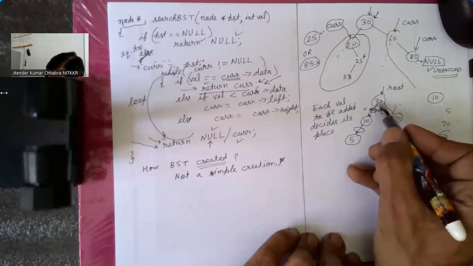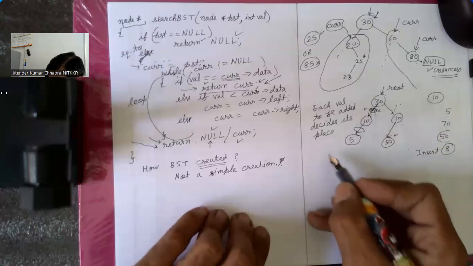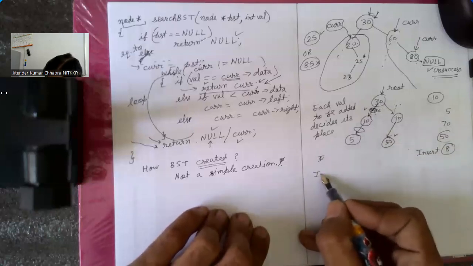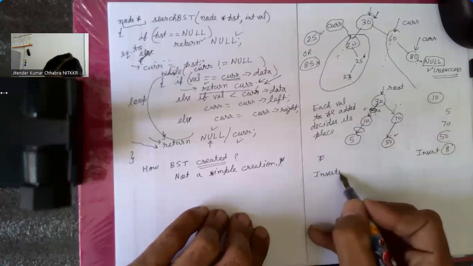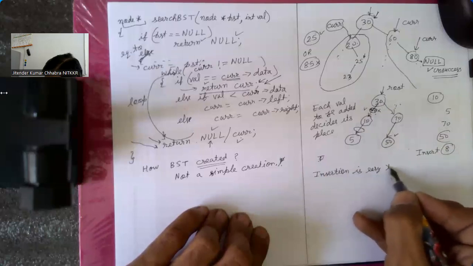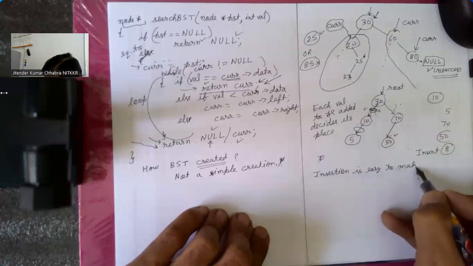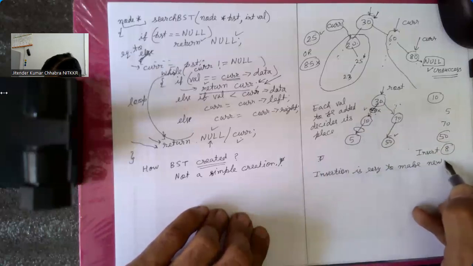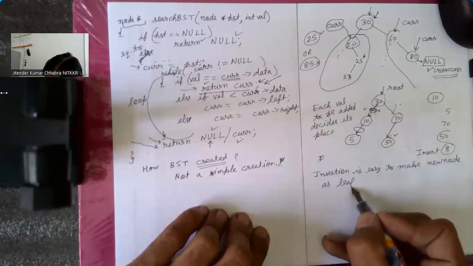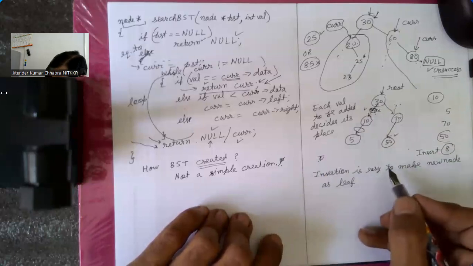So the easiest choice is to keep on going, and once you reach the last node, then insertion will be there. So insertion is easy when you make the new node a leaf. And making it a leaf makes things simpler.